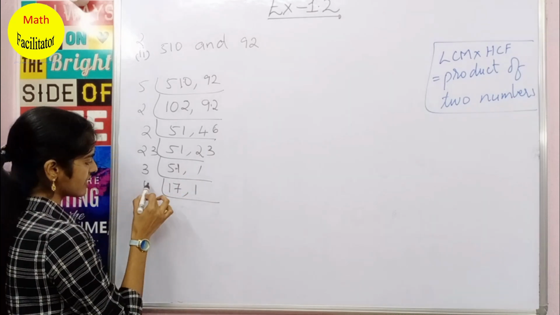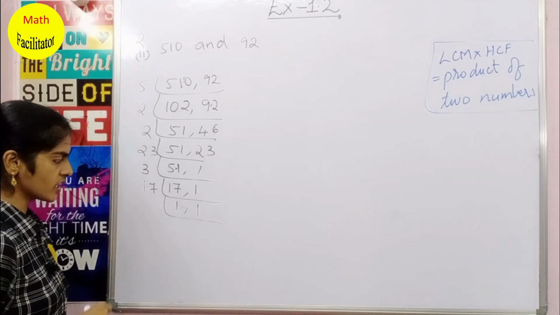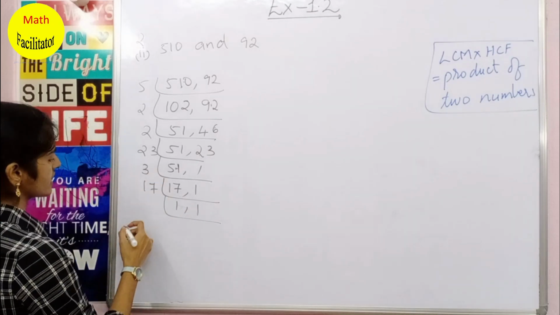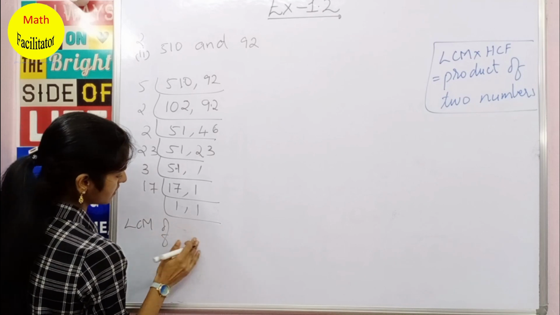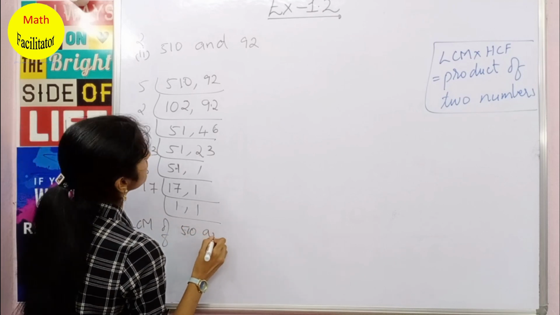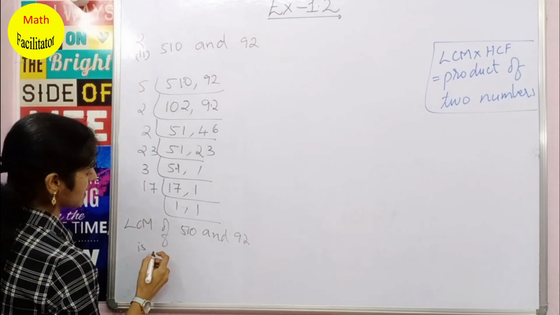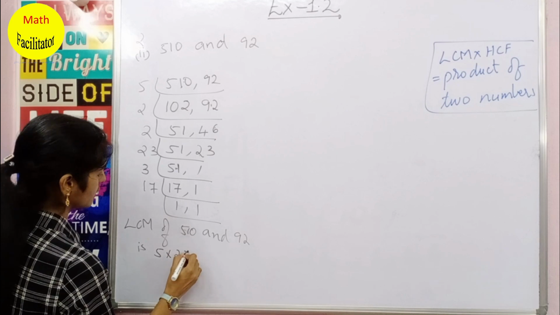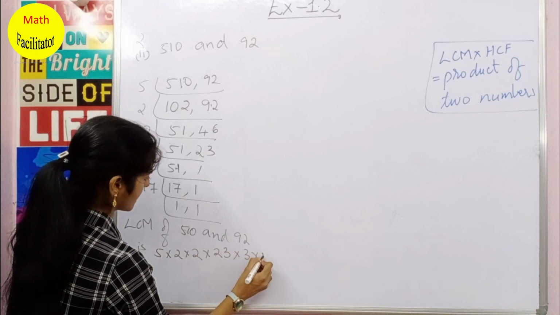Now 17 itself is a prime number, so I am taking 17 directly. 17 ones are 17. So what is the answer? The LCM of 510 and 92 is nothing but the product of all these prime numbers. So 5 into 2 into 2 into 23 multiplied by 3 multiplied by 17.